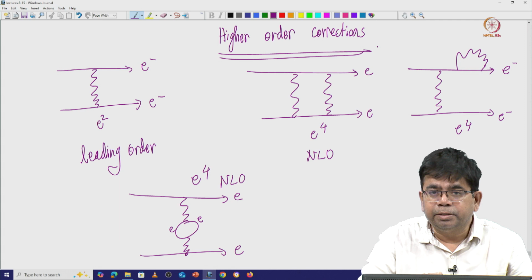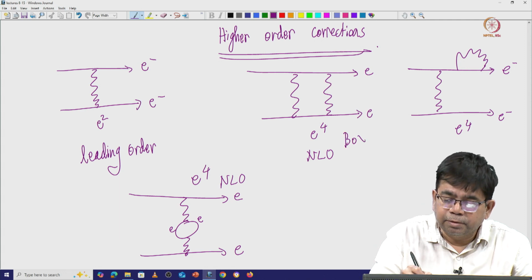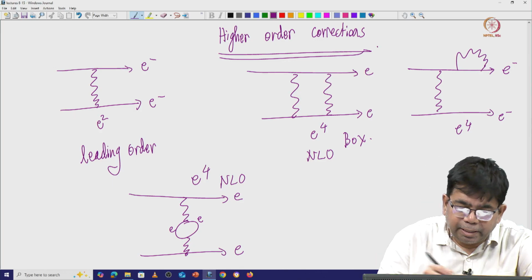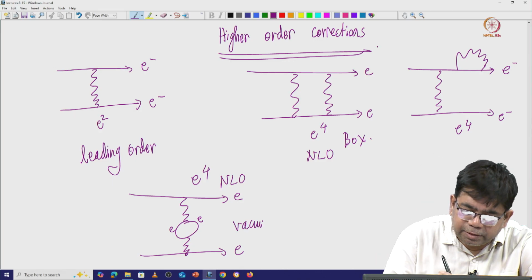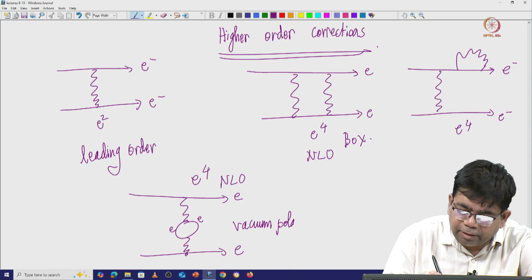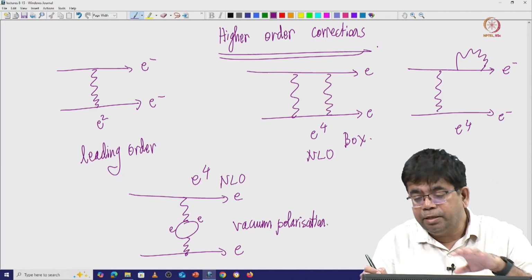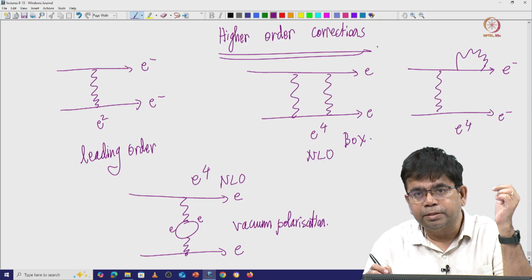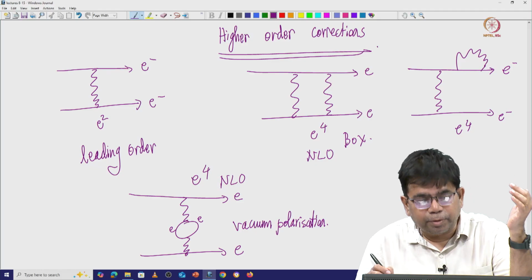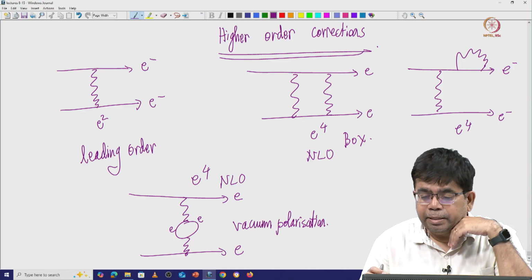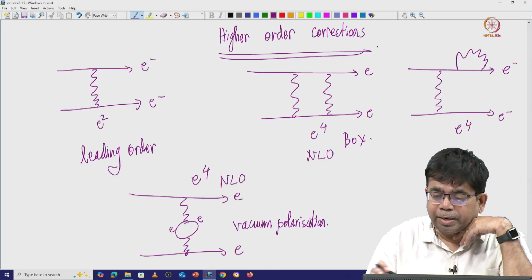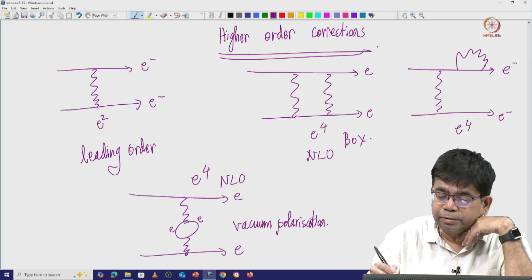So you can have boxes, these diagrams are called boxes. This other one has a particular name, it is called vacuum polarization. I will tell you why it is called that. It is very interesting, you can derive a potential for it, called the Uehling potential. Then, coming back, you can have this which is called self energy.